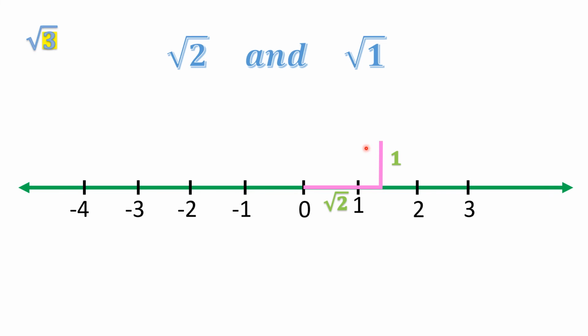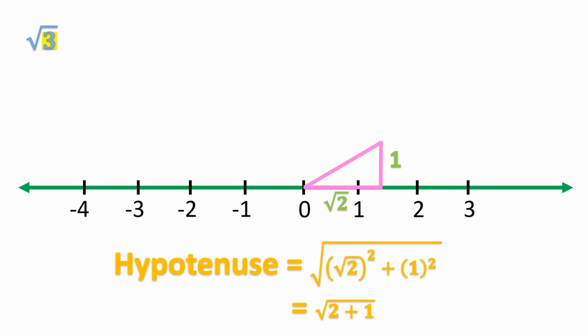So I can join these two lines and form the third side, which is the hypotenuse. So I join that and I find that I've got a right angle triangle. Now in this right angle triangle, I need to find the length of the hypotenuse in order to proceed. So let's use the Pythagoras theorem.